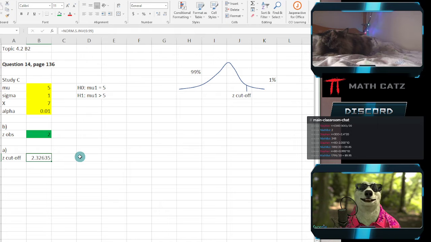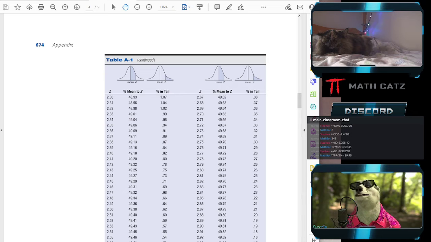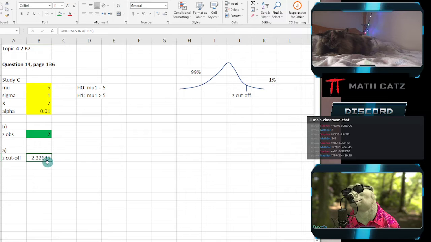We can just be much more precise because the complete table, quote unquote, is in this spreadsheet software. Whereas what you have in the book is an abbreviated version with gaps. Okay, let's color that green.